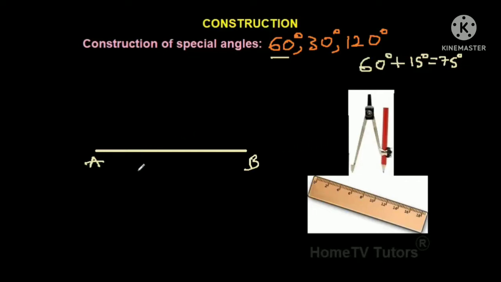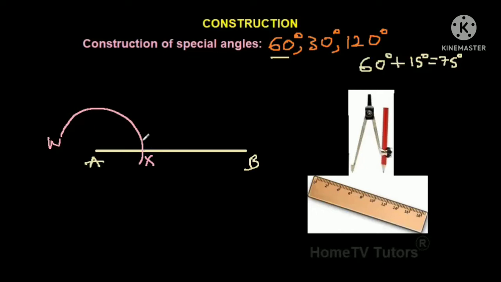Then you draw an arc cutting AB, an arc that way, so an arc of XW. Good.